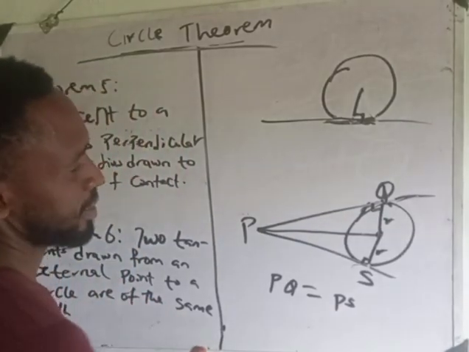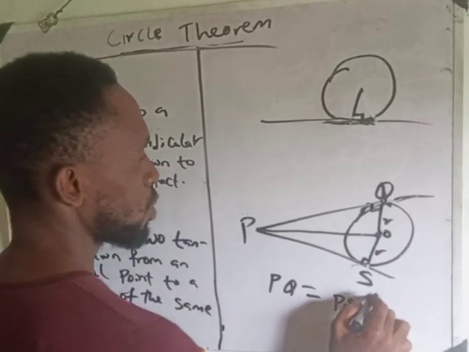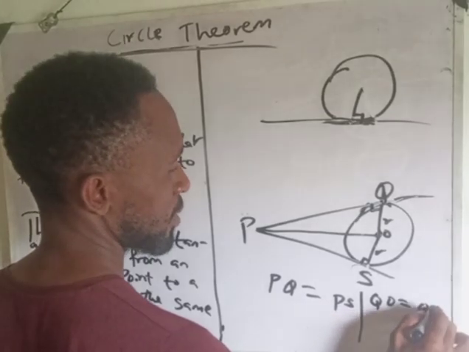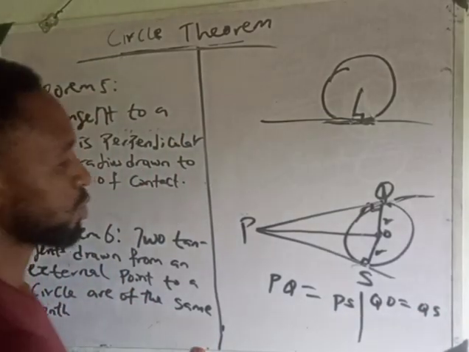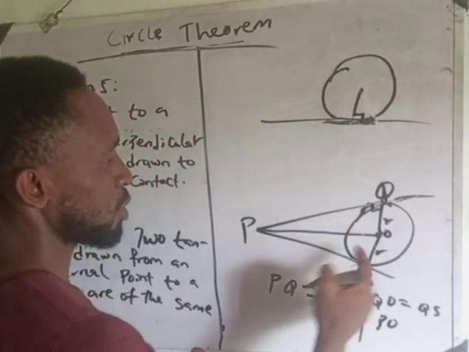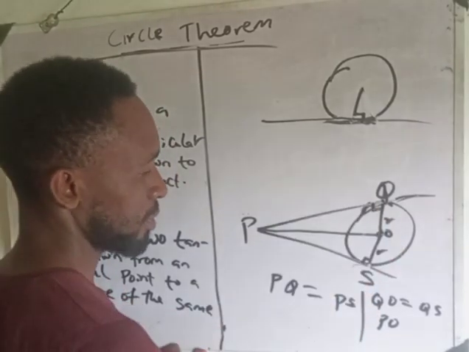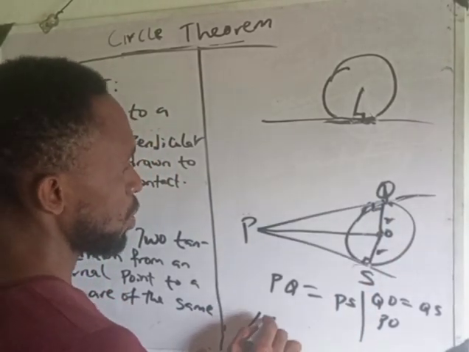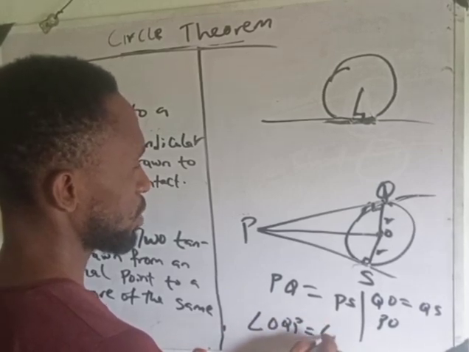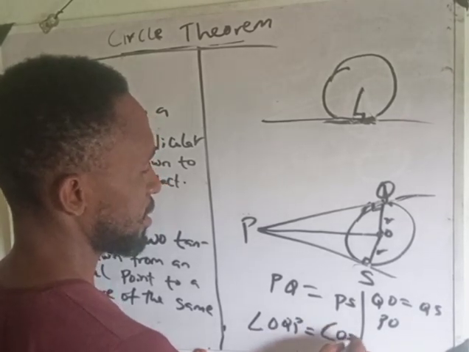So we are having that, let me call this O, QO is equal to SO. And we also know that both of them share PO. Is that okay? This shares PO and PO. And we have that this is a right angle. This is also a right angle. Meaning that angle OQP is equal to angle OSP.